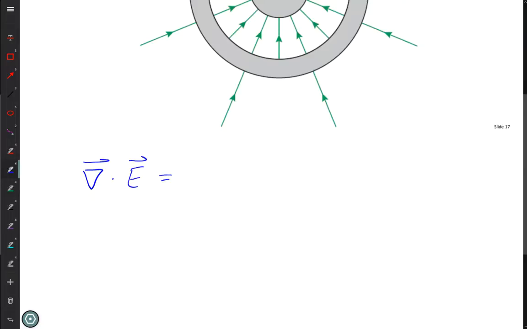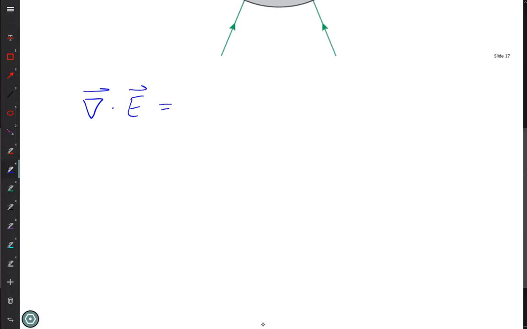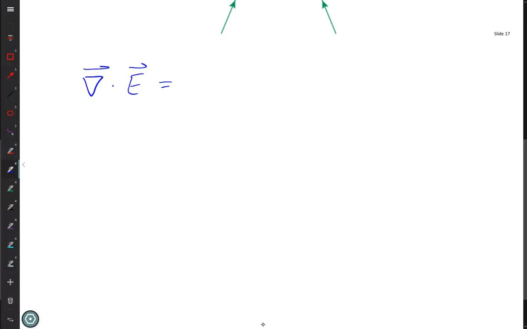Now, there are two things I need to cover. One of them is really trivial. So trivial that I didn't look it up before class. Gauss's law has both an integral form and a differential form. And the differential form is that del dot E is equal to the charge density function, I think.